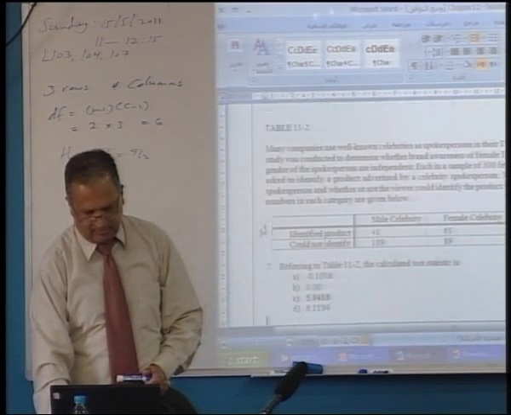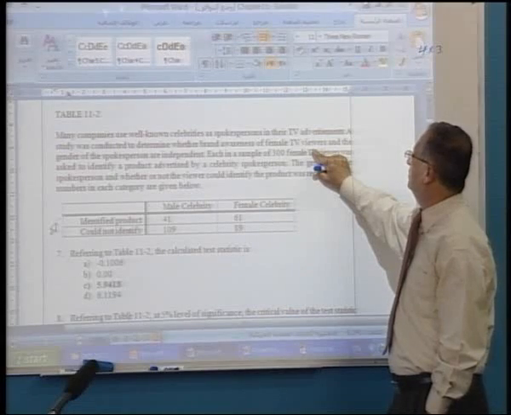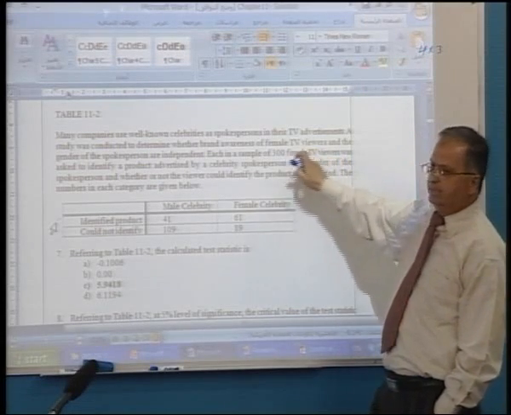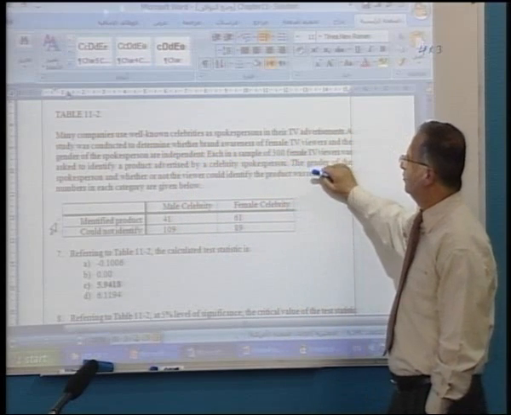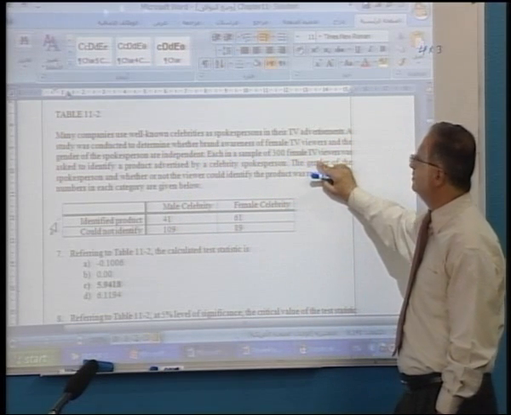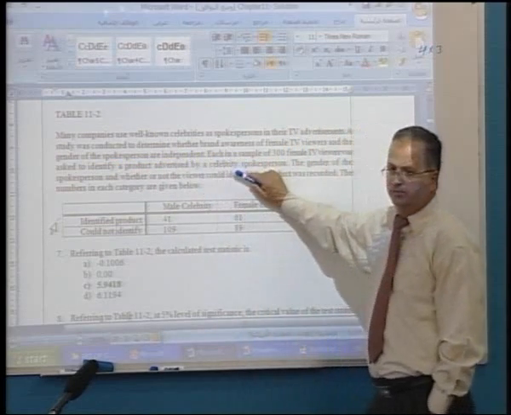Let's look at table 11.2. Many companies use well-known celebrities as spokespersons in their TV advertisements. A study was conducted to determine whether brand awareness of female TV viewers and the gender of the spokesperson are independent.